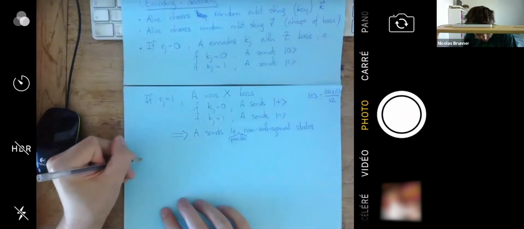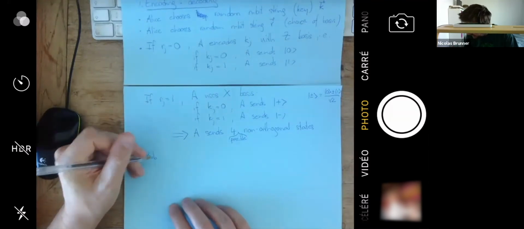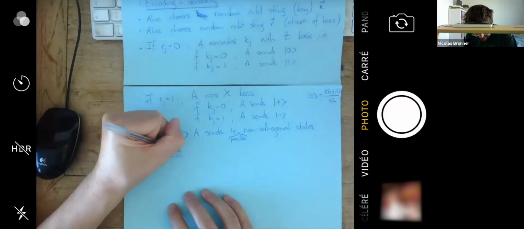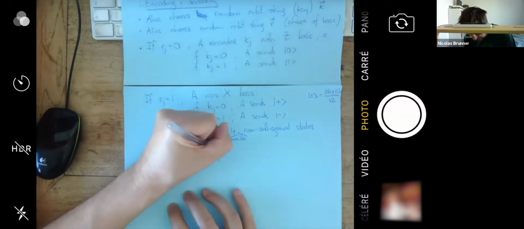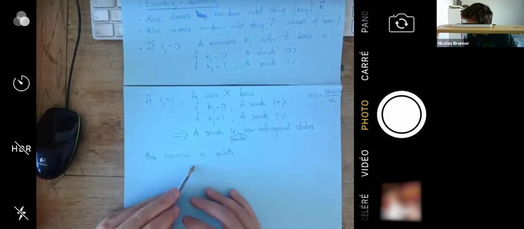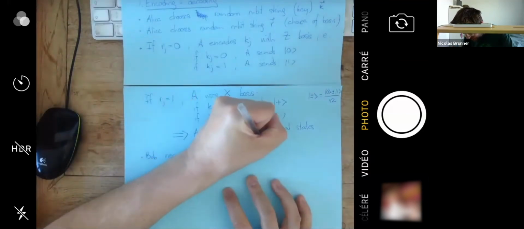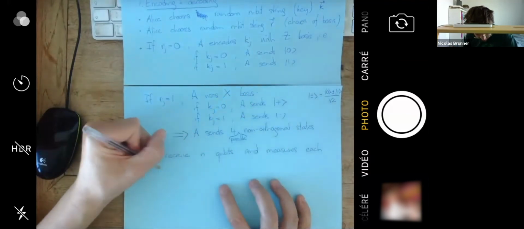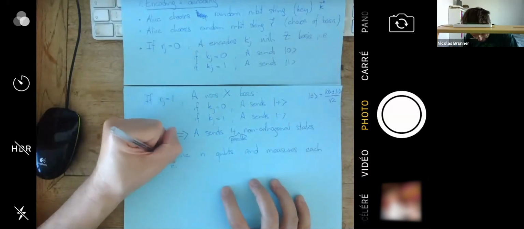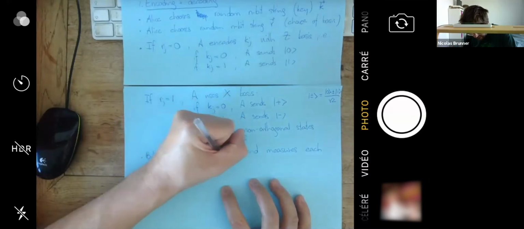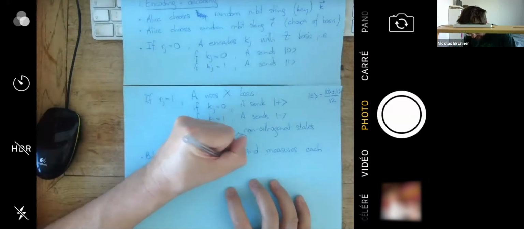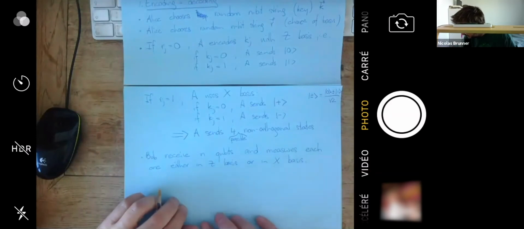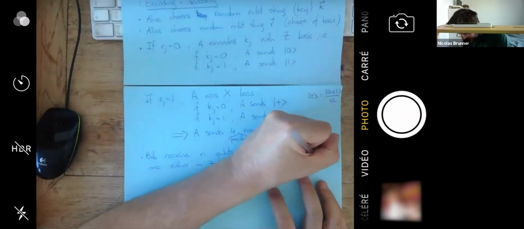All right, so now we come to Bob. Bob, in total, will receive n qubits, 1 qubit in every round, and then he will measure each one either in the Z basis or in the X basis. Again, this is a random choice.